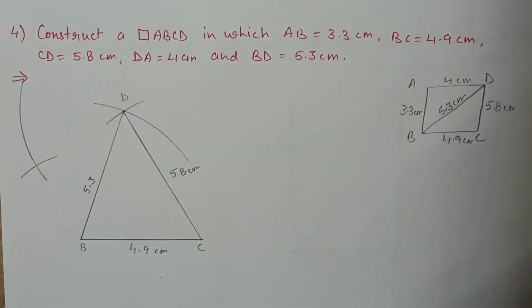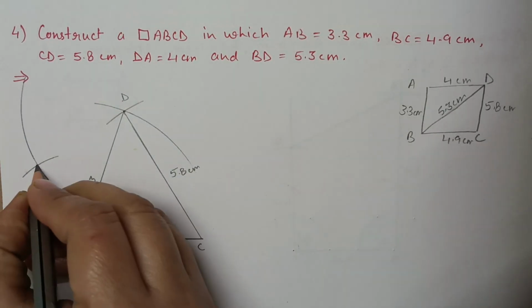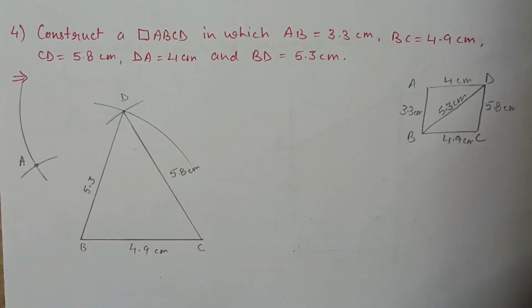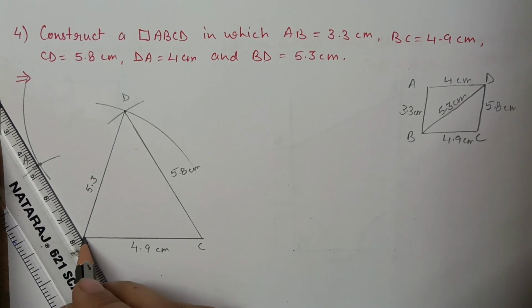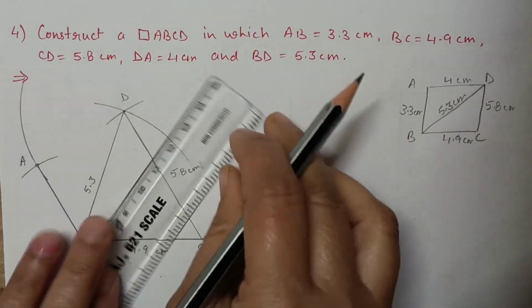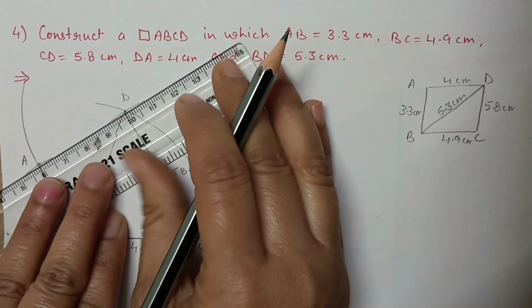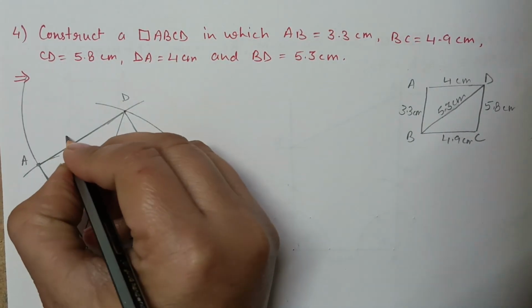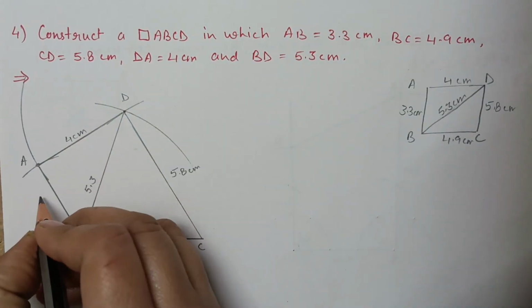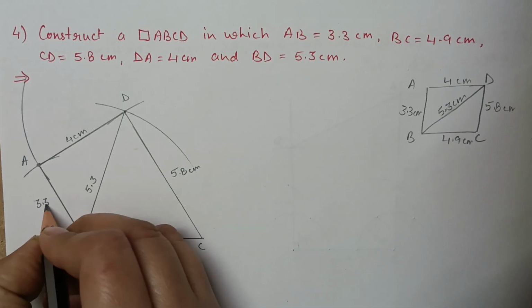Wherever these two arcs cut, that is point A, and you can join this point to B and D. Write the measurements: this is 4 centimeter, this is 3.3 centimeter.